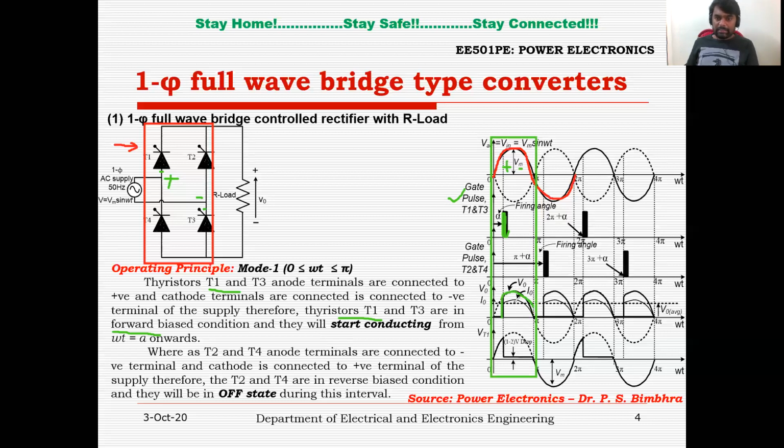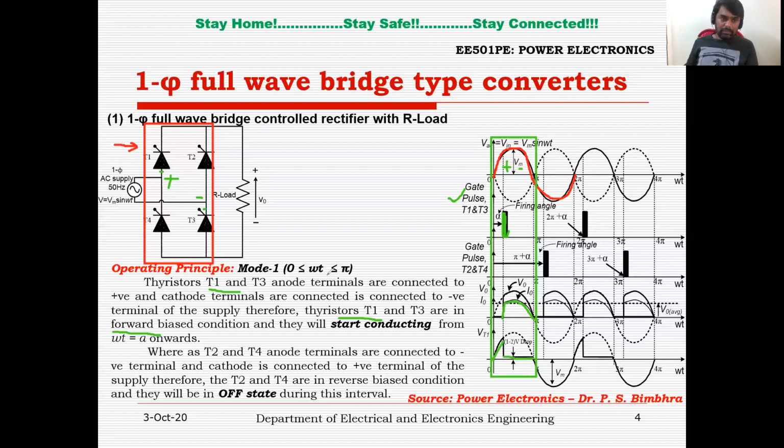Since it is a resistive load, the current wave shape should be in phase with the voltage wave shape. From omega t equal to alpha onward, thyristor T1 is in conduction state, so the voltage across T1 will be 1 to 2 volts practically. During alpha, it is blocking the forward voltage.